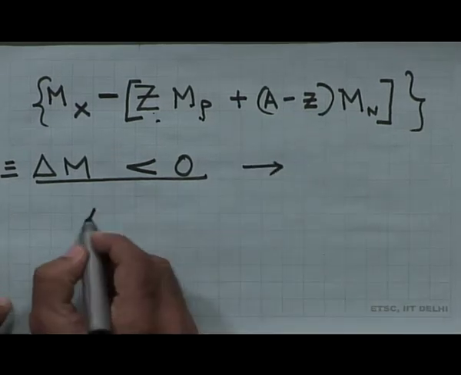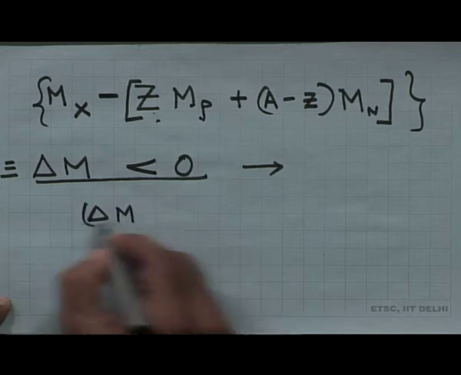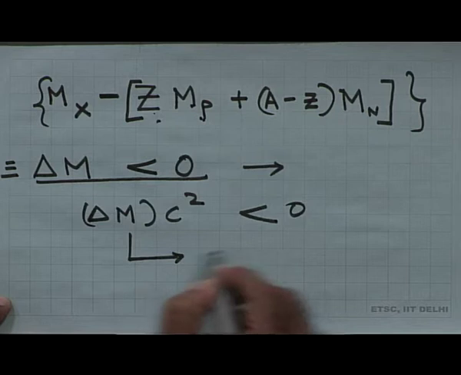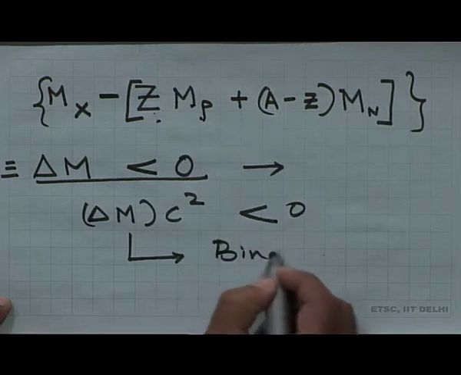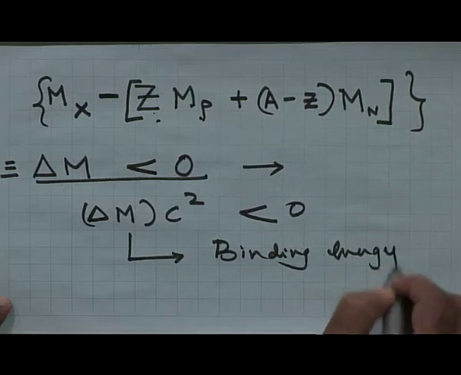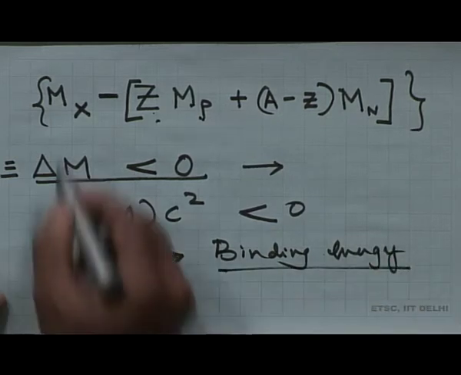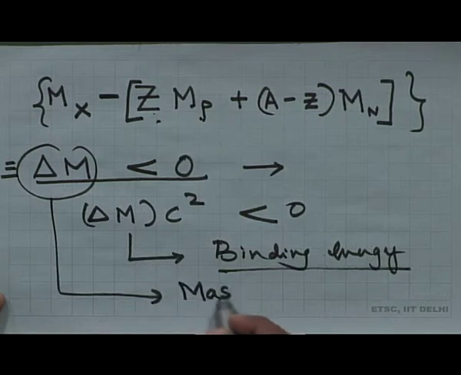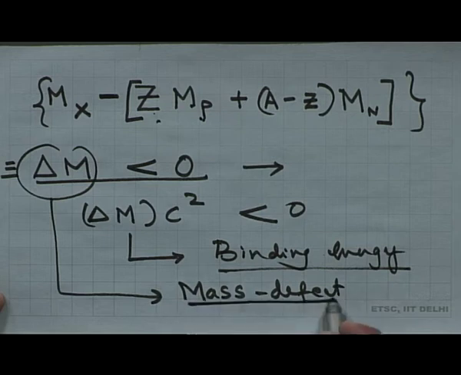I will say delta m c square is less than 0 and this is my binding energy, and this delta m is my mass defect. Defect means it is wanting.